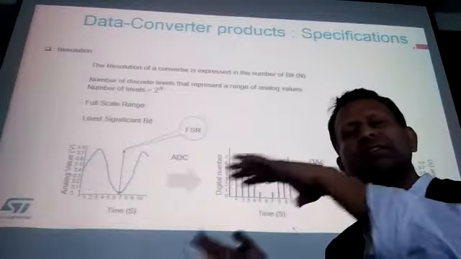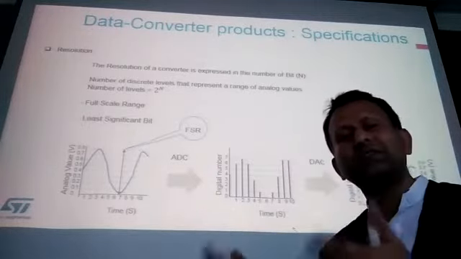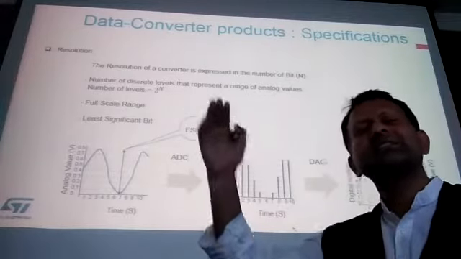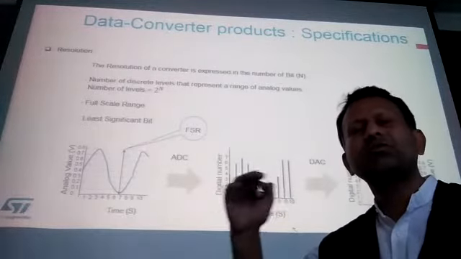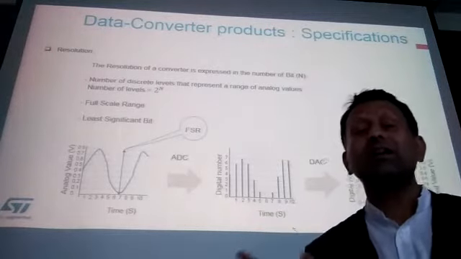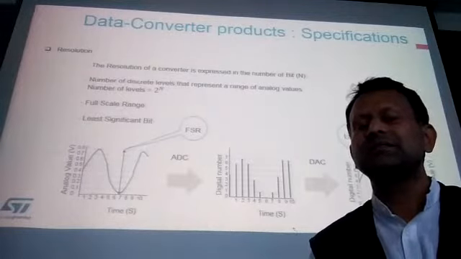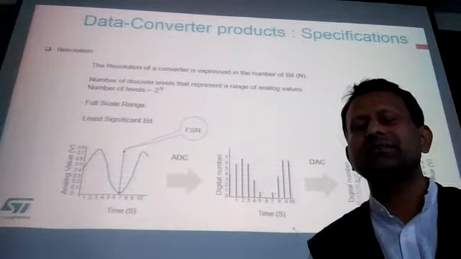And these analog signals can be at one maximum full scale range, because there is a limit somewhere that we cannot convert efficiently higher than this voltage.